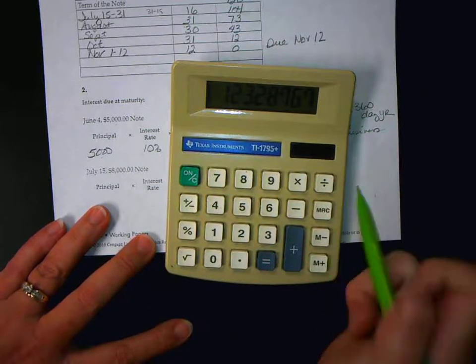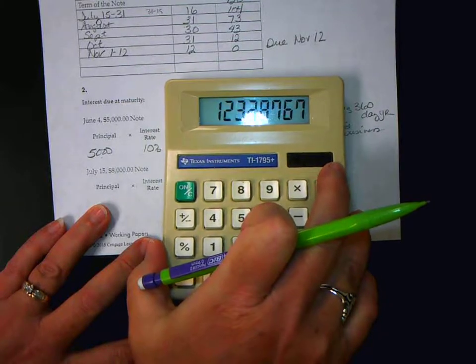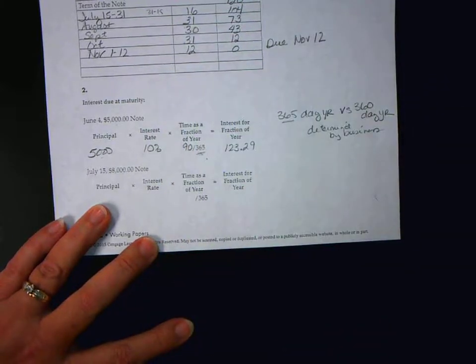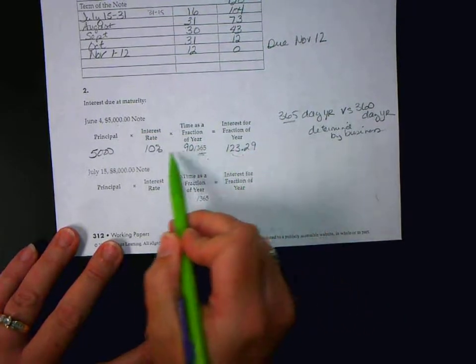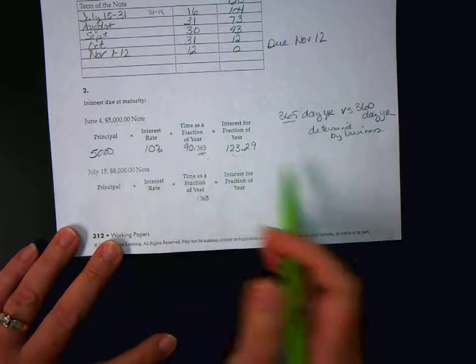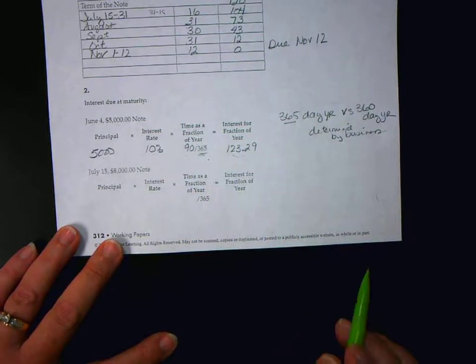Okay, and make sure you're rounding it correctly to get that. So this is how much you owe just for the 90 days. If it had been a whole year, it would have been the full 10%, but we're not doing 10%. We're just doing a fraction of that.